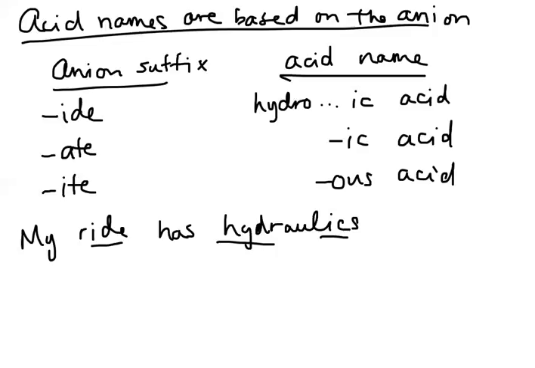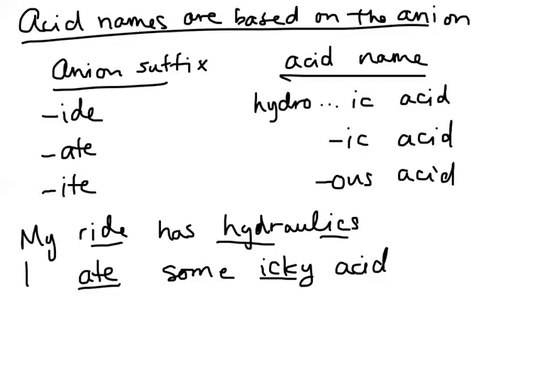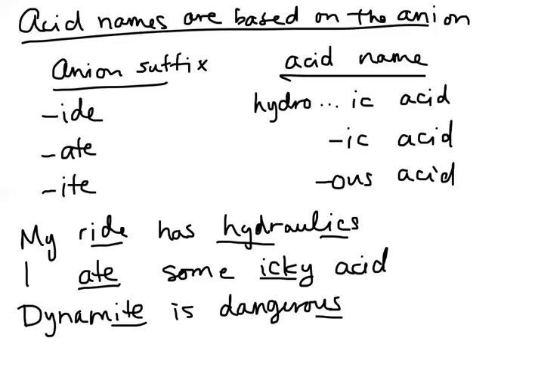The second mnemonic device is I ate some icky acid. So for example, if you drink vinegar, it doesn't taste good. I ate some icky acid. And finally, my favorite, dynamite is dangerous. I goes to ous.